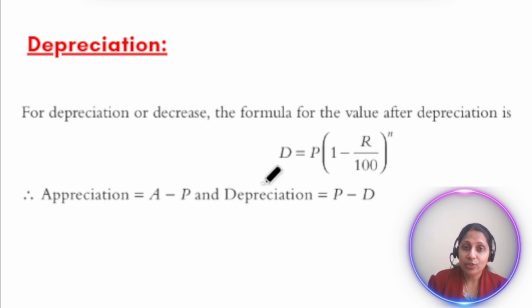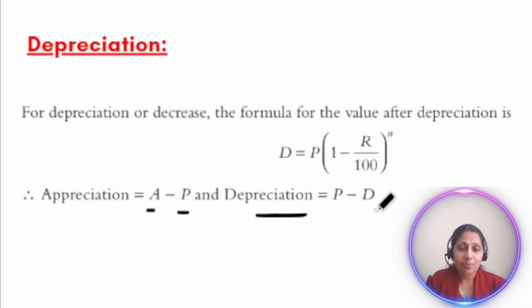Okay, this formula is for the amount all the time. So when they ask for appreciation alone, it's the value you got out of that formula minus your principal. For depreciation, it is the principal minus your depreciation value. Okay, so sometimes you may get this. So I hope you are clear with both appreciation as well as depreciation.